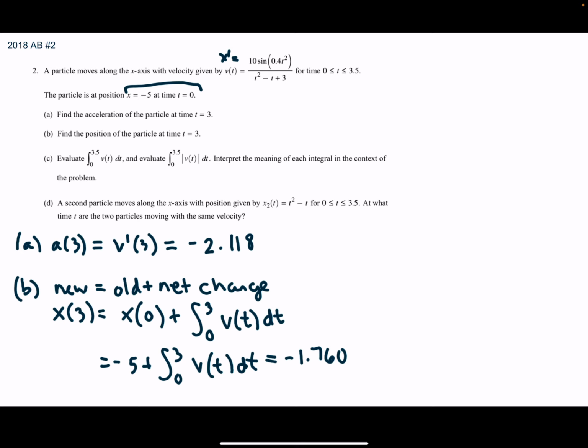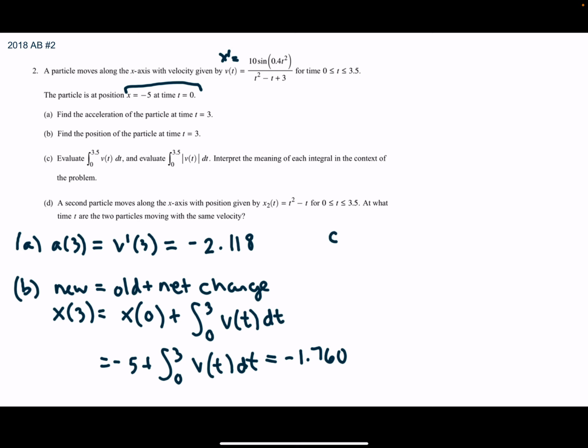Next, in part C, I'm loving the fact that I put this in the Y editor. I took my derivative for part A in the Y editor, and I took my integral from part B using the fact that it was in Y1, recalling it as Y1 instead of retyping it. I'm going to use it for part C now.